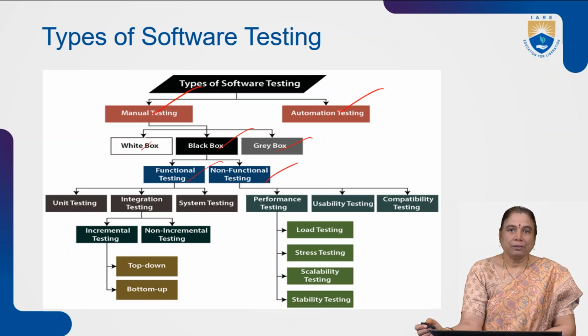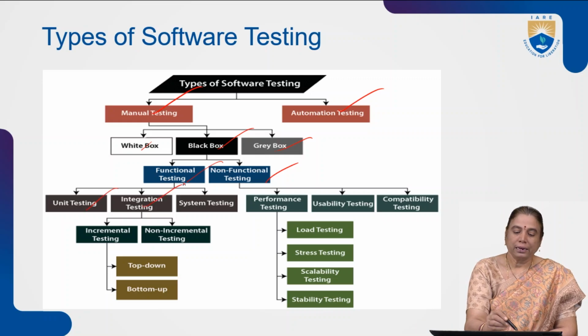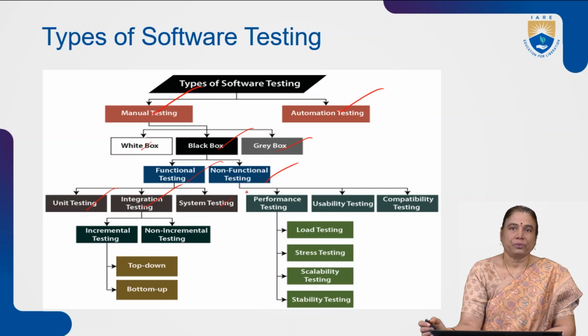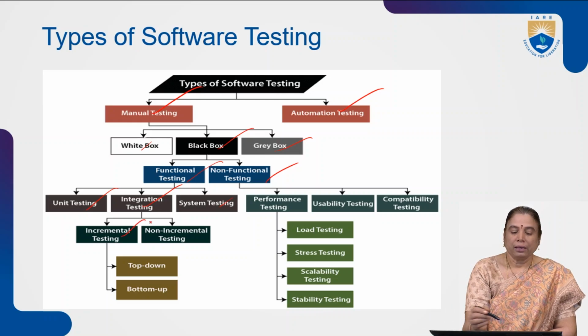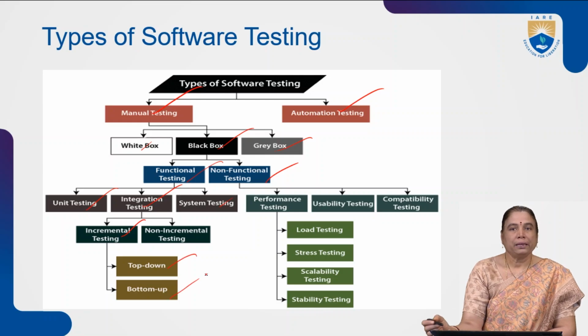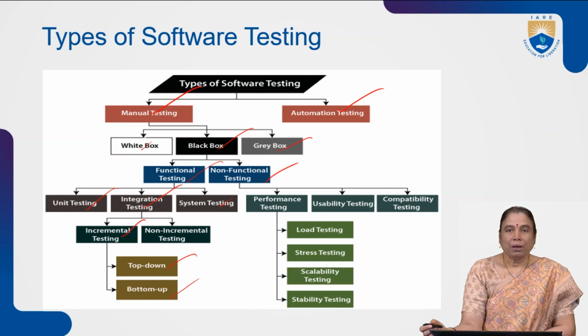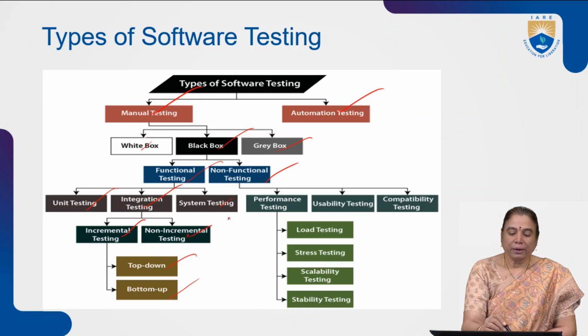Functional testing is again classified into unit testing, integration testing, and system testing. In case of integration testing, the methods available are incremental testing, which can be top-down or bottom-up integration method. One more variant of integration testing is non-incremental testing.